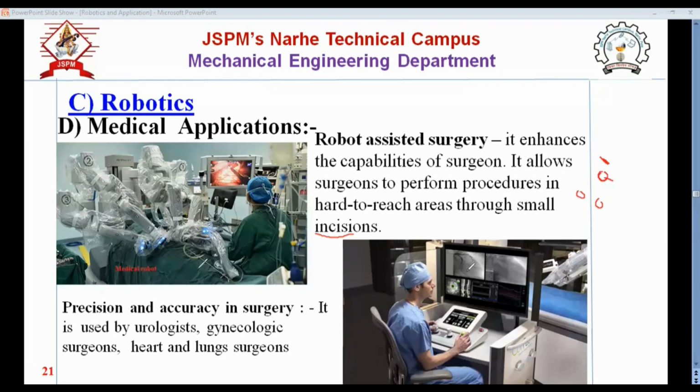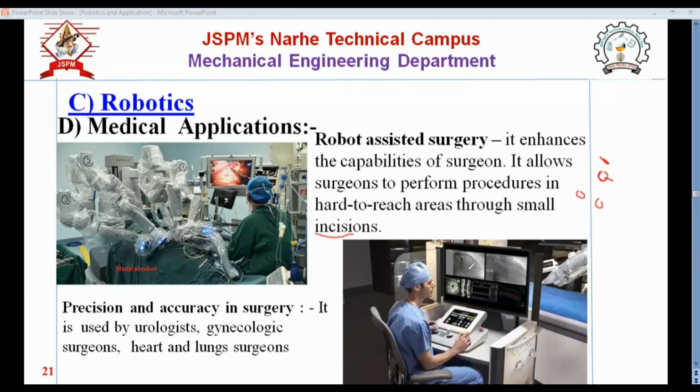Even if your hands are shaking, it will not affect, because it works like steering. When we want to make a 1 degree turn, we have to turn the steering through maybe 100 or 200 degrees. Same thing is here. A large deflection is converted into a very small deflection, so we have very precise control over the surgery.